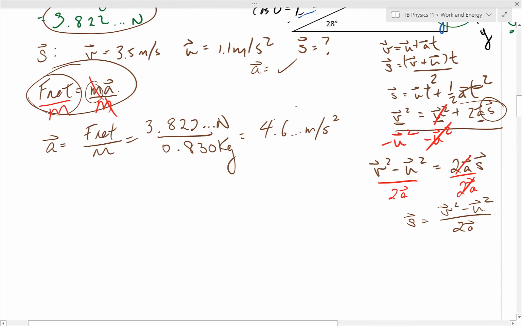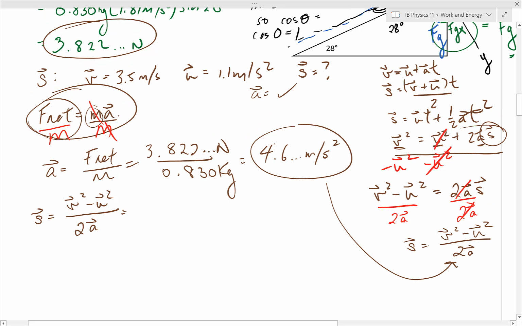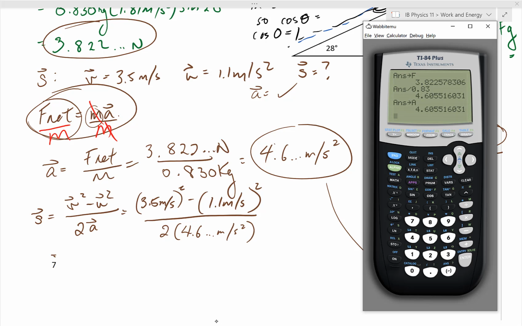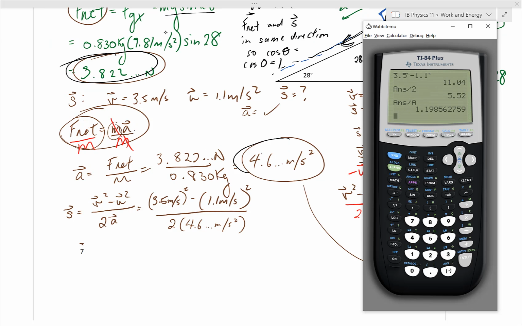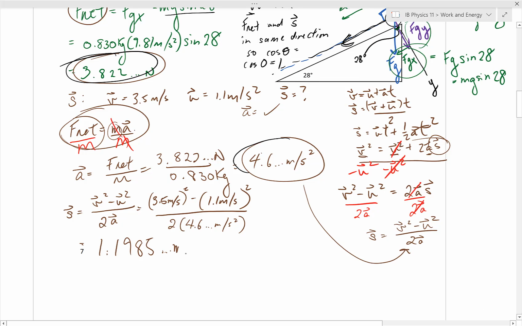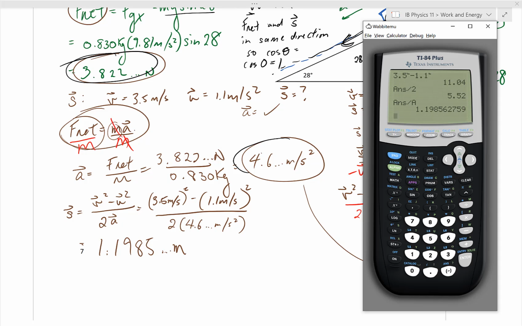And now we can use this value down over here. Final velocity is 3.5 meters per second. Initial velocity is 1.1, and acceleration is 4.6 meters per second squared, as we just calculated. That gives us 1.1985 meters, in which we will save all the significant digits.